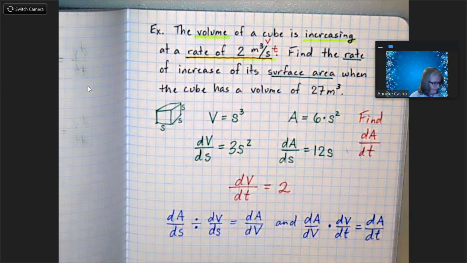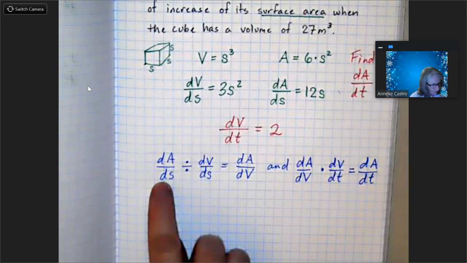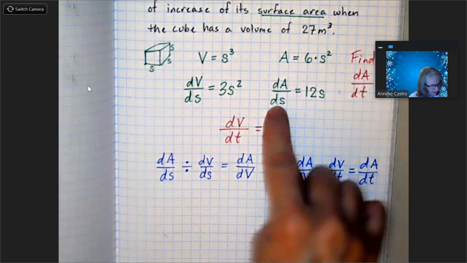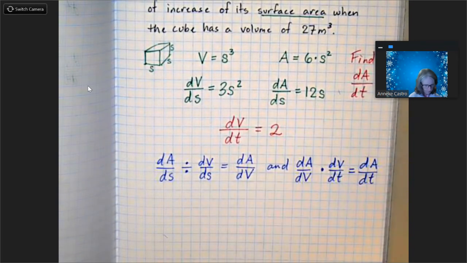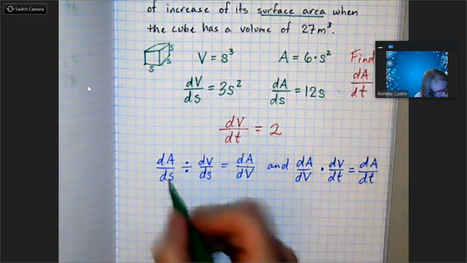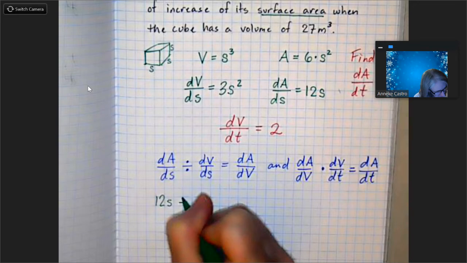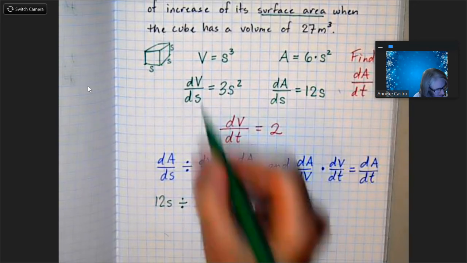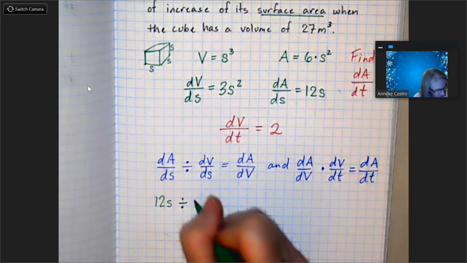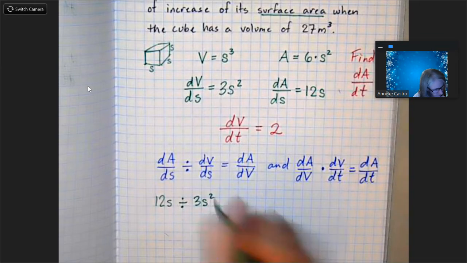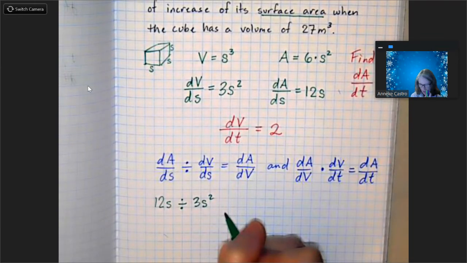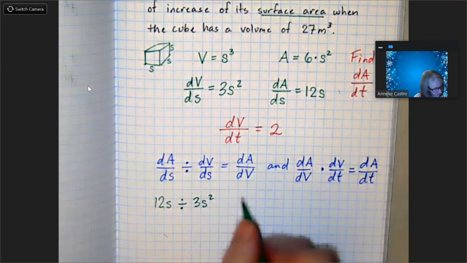Okay, so now let's go ahead and plug in what I got. So dA/ds is 12s. Look at all my beautiful colors. I'm going to divide that by dV/ds. dV/ds is 3s squared. Okay, so let's go ahead and simplify that.